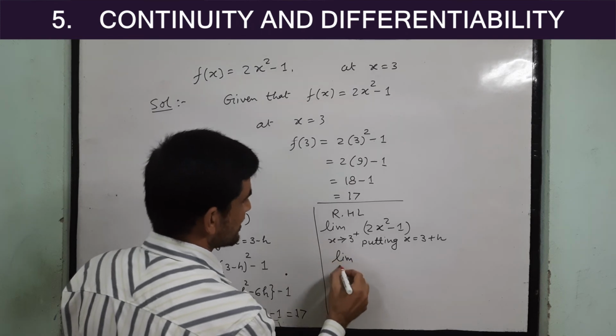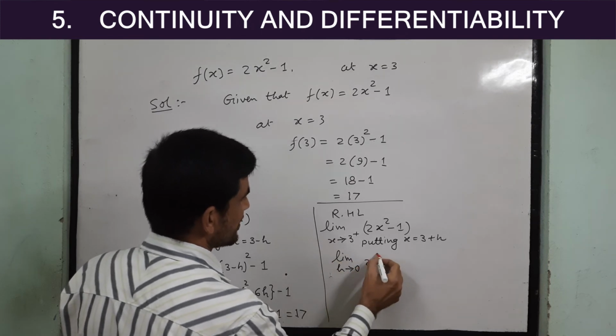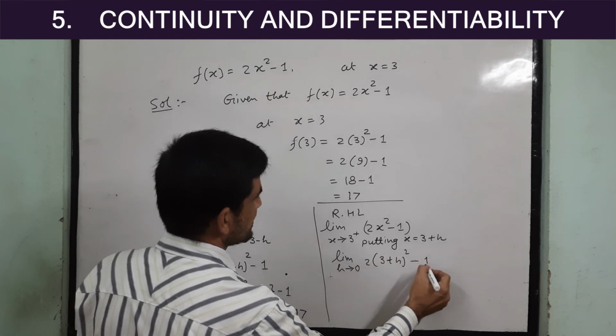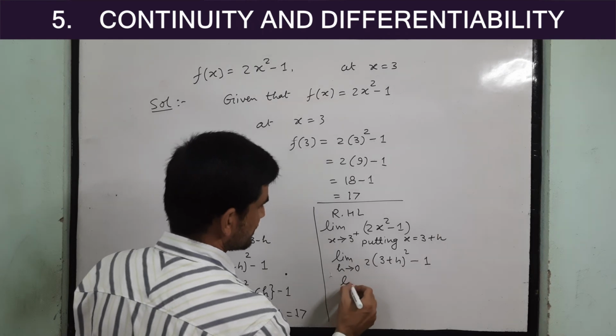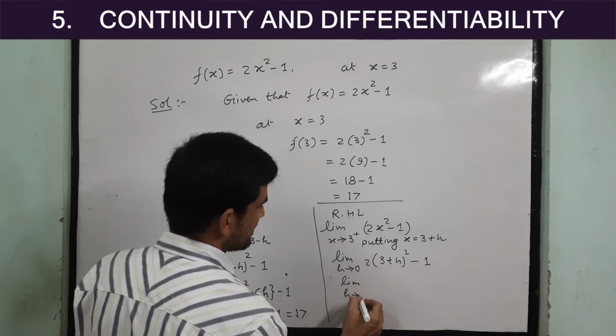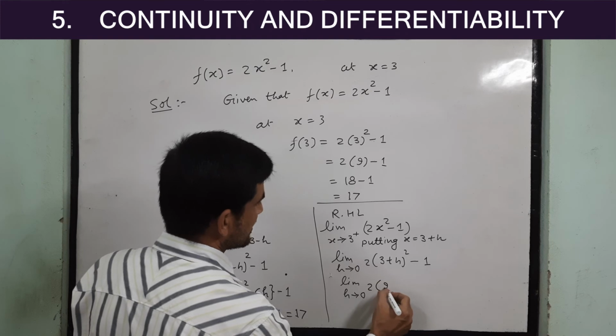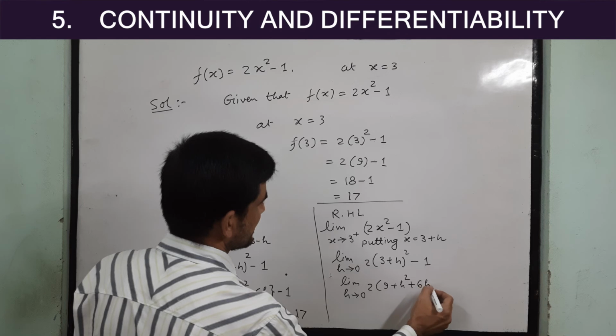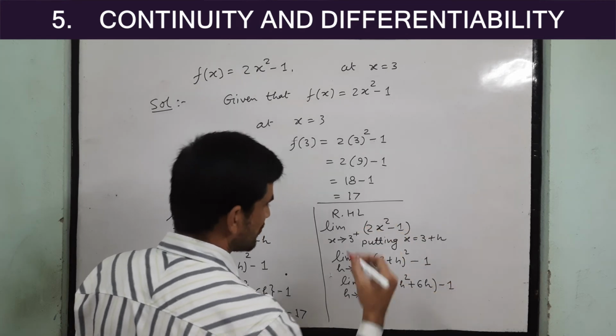So we have limit h tends to 0 of 2(3 + h)² − 1, which is 2(9 + h² + 6h) − 1.